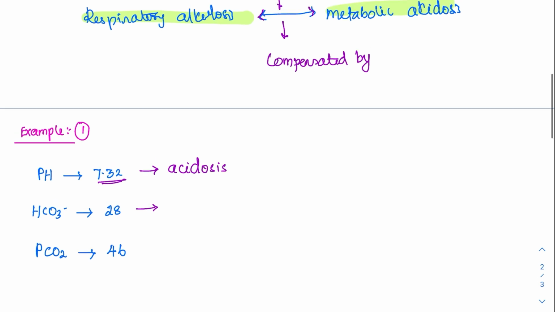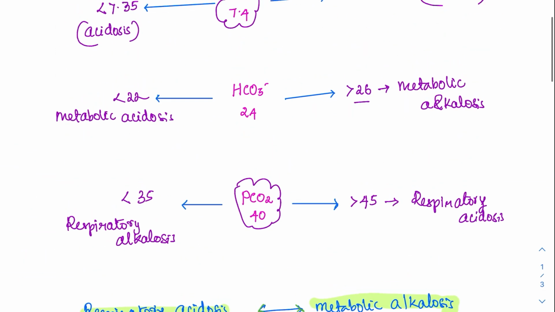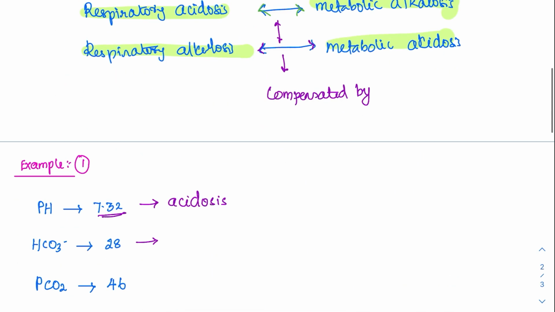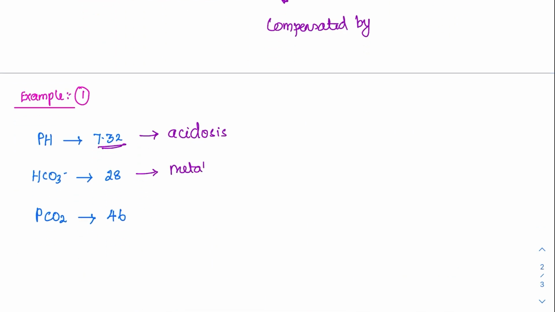Whenever it goes beyond 26, it is metabolic alkalosis. Then PCO2 is 46. There is accumulation of CO2, so this is respiratory acidosis.